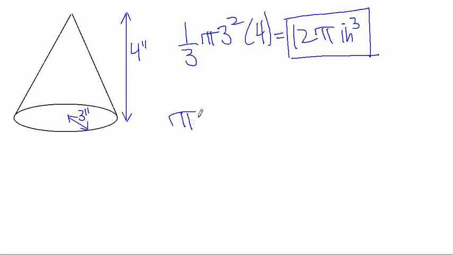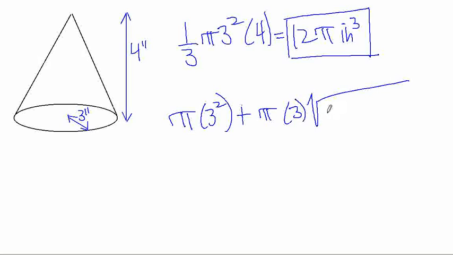For the surface area, I'll do pi times 3 squared for the base, plus pi times 3, and now I have to figure out what s is. I can use the square root of 3 squared plus 4 squared. All right, and now I just simplify that.